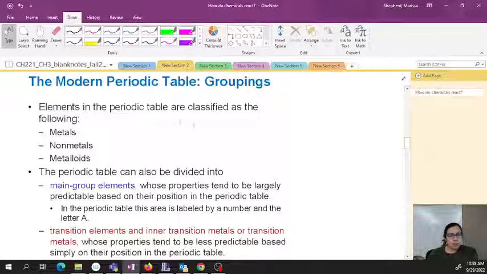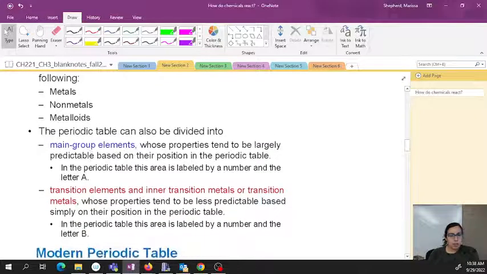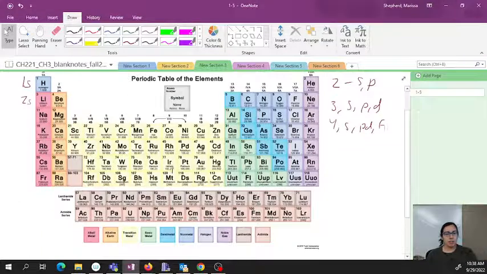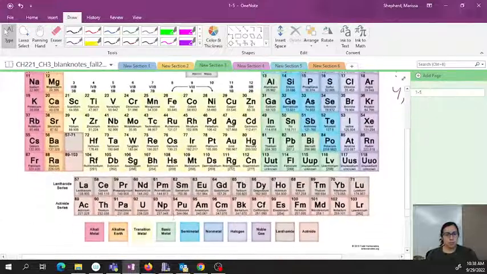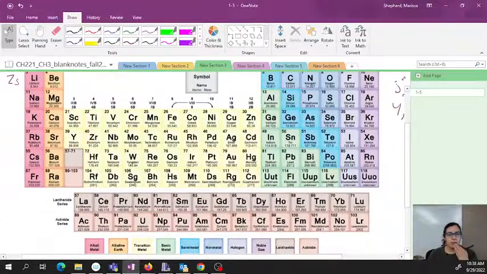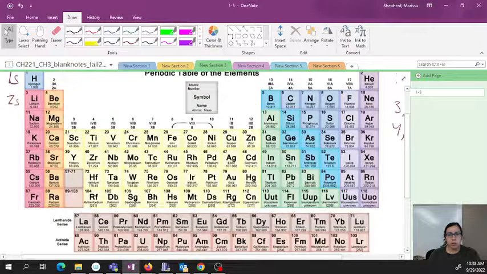And so with our periodic table, you can see that the elements are roughly categorized by metals, nonmetals, and metalloids. And I like this one, it's a little bit more broken up. So you can see metals would be anything to the left of this metalloid staircase, which is labeled semi-metal on this one.